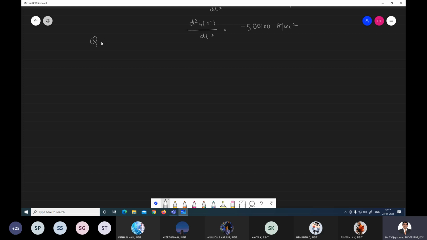I will repeat the question. This was asked in one exam for 6 marks. What I gave you was the starting table at t is equal to 0 and t is equal to infinity for the different elements that you have to write and explain.